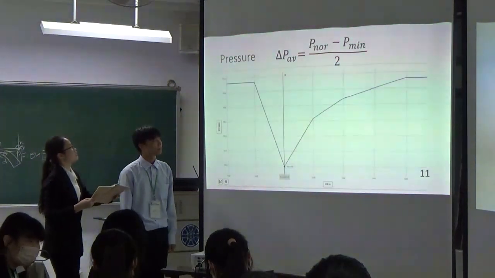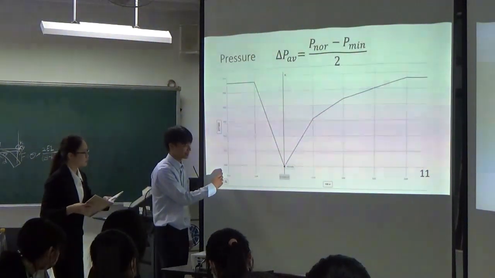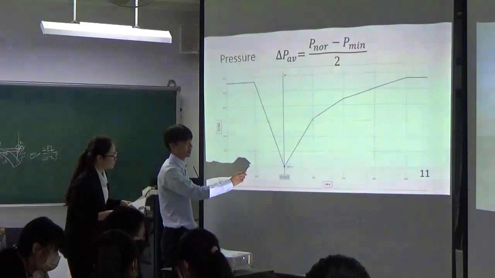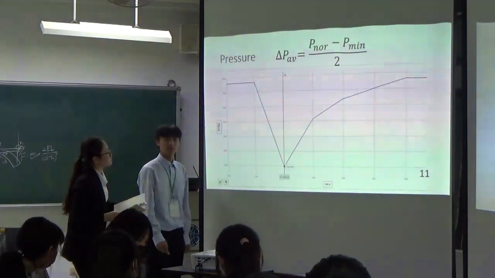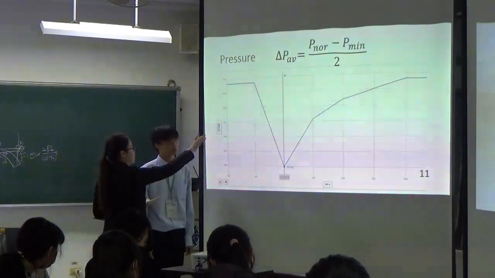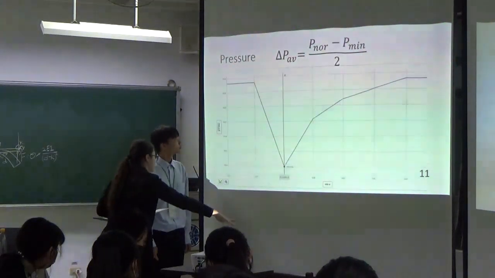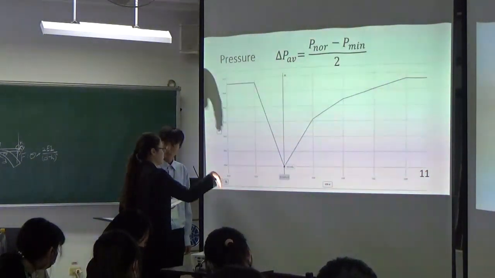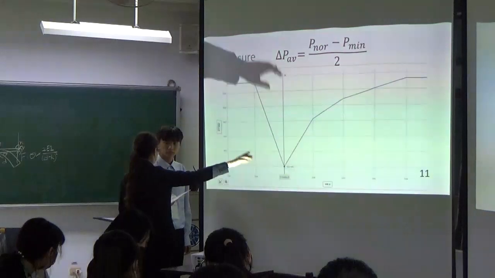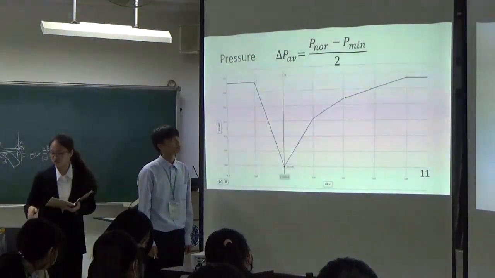Oh, so this is about the pressure. The x-axis is time. So this is when the ball drops and the pressure decreases, and after the ball bounces off, the pressure increases again.